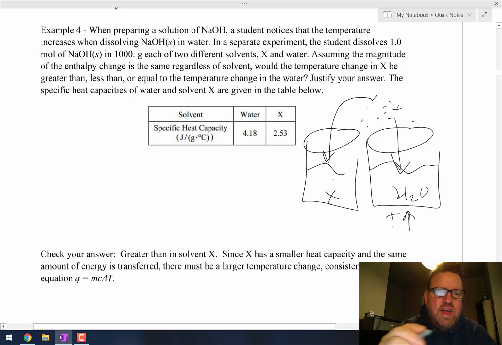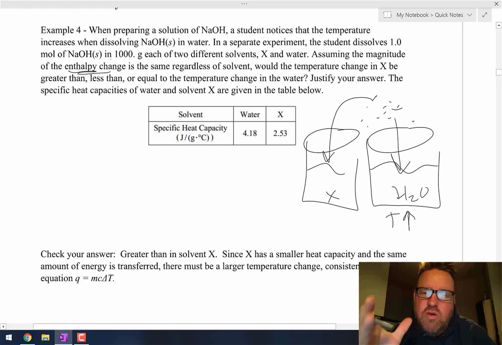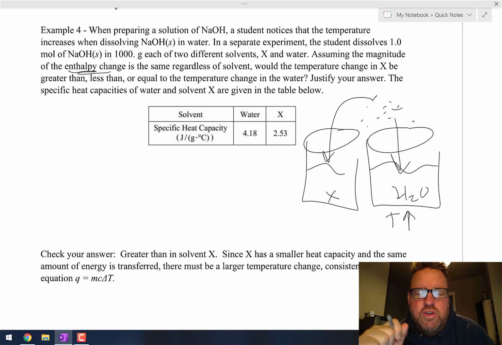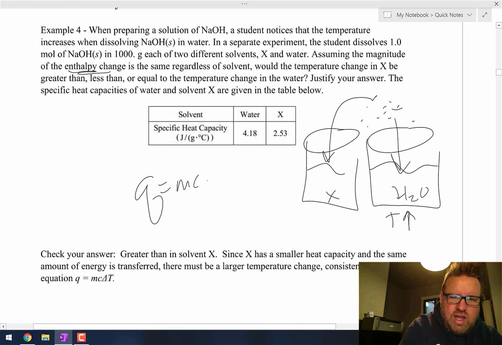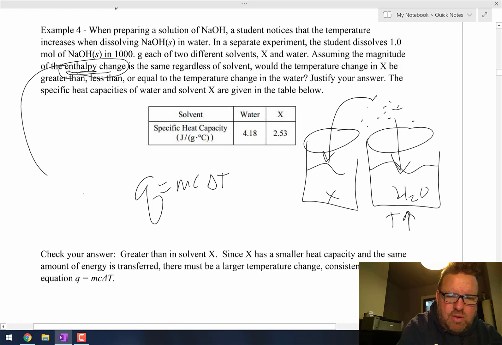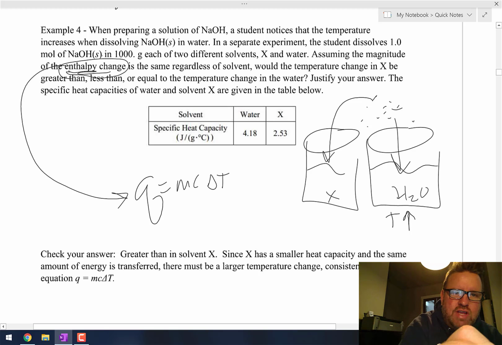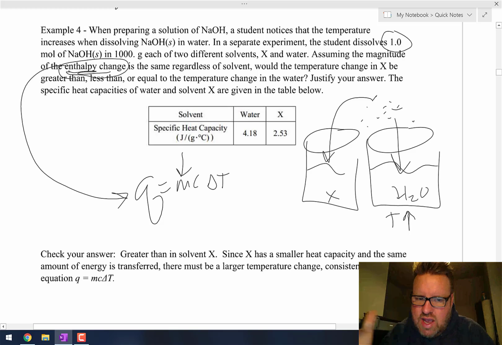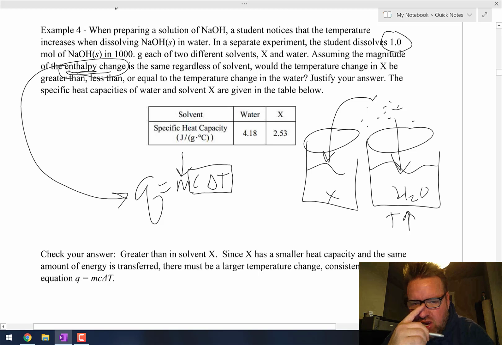Assuming the magnitude of the heat is the same, and we haven't talked about this yet, so we know the Q value is the same. Would the temperature change in X be greater than, less than, or equal to the temperature change in water? So again, think about Q equals mc delta T. If the magnitude of the enthalpy change is the same, and you're taking 1 mole of NaOH, so that is also the same, then it's just down to the specific heat and the temperature change.